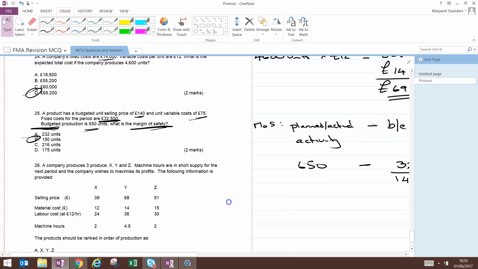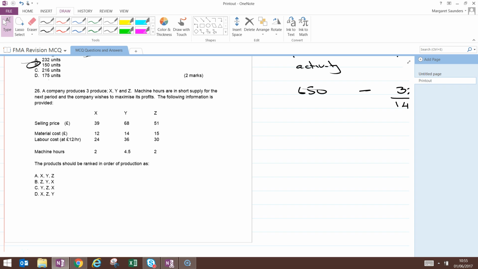And now we're on to the very last question. This is a popular marginal costing question involving limiting factors. So we've got a company producing 3 products, X, Y and Z. Machine hours are in short supply. So machine hours are our limiting factor, and the company wishes to maximize its profits.